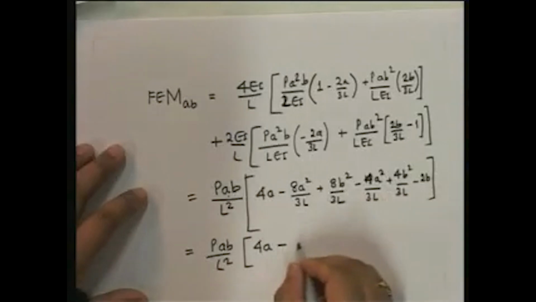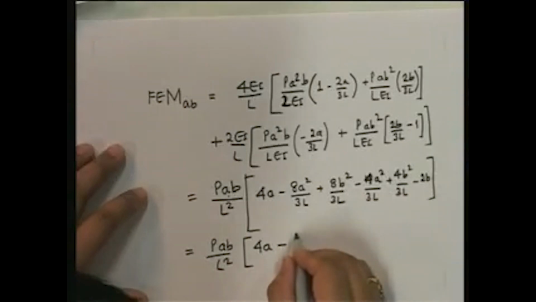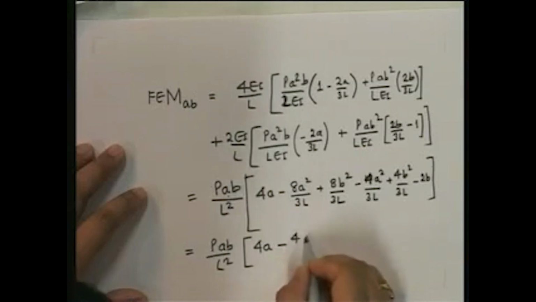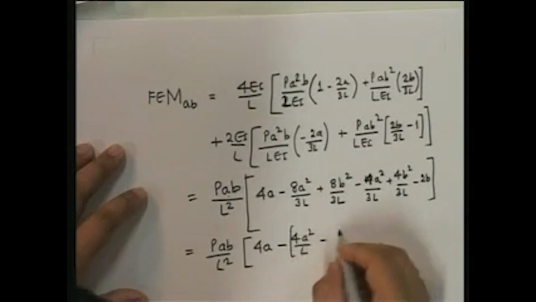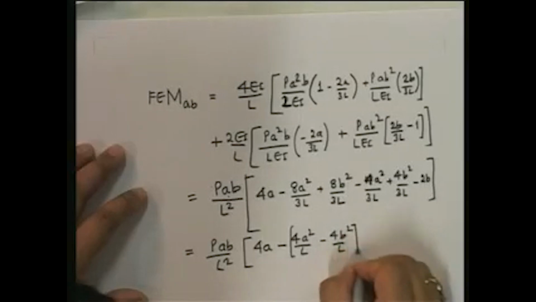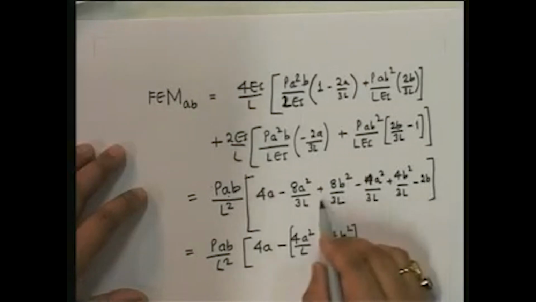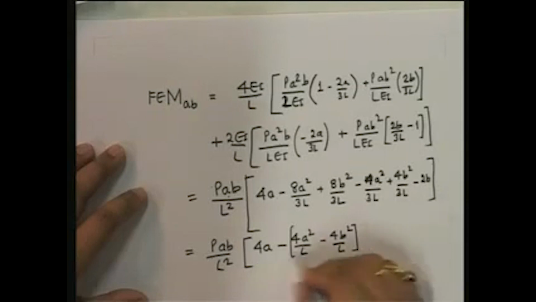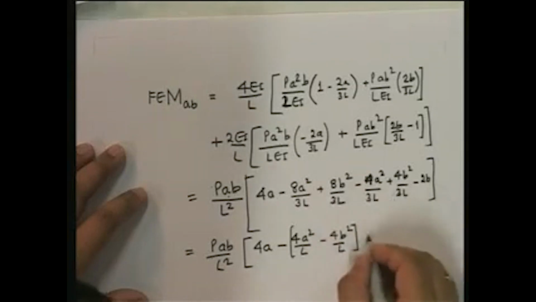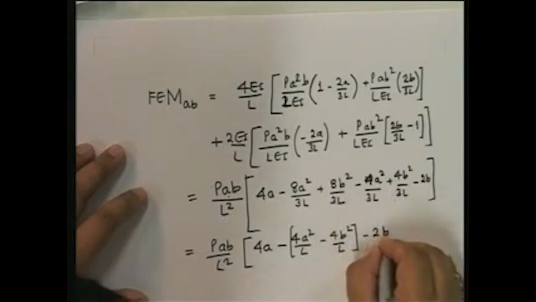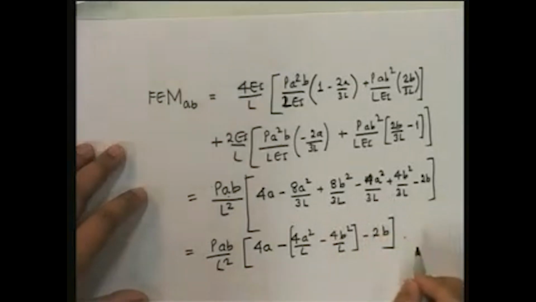So what I get is 4A squared L minus 4B squared L. Okay, that you'll see. Minus minus, you get plus over here. That's what I've done. Minus 2B.